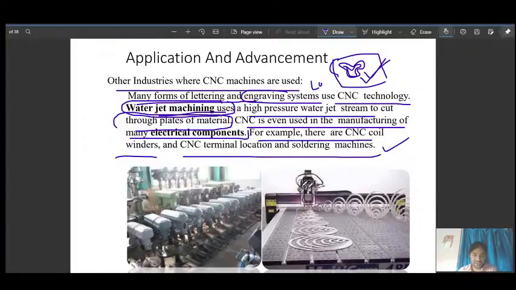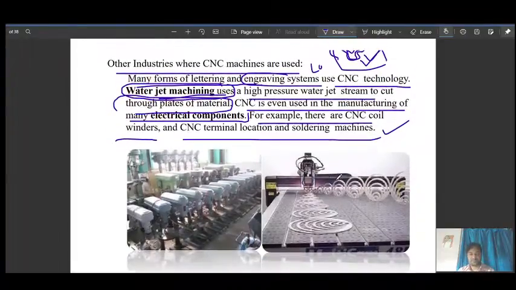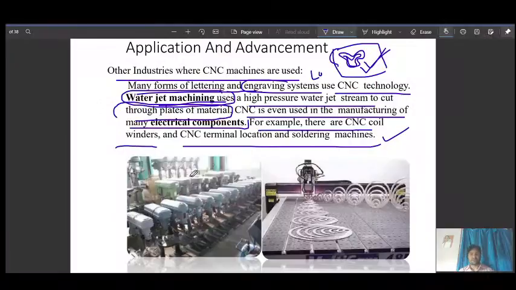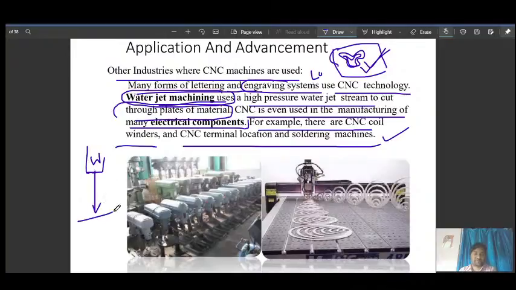Now, when water jet machining is there, as you know, water is targeted at very high pressure. From a nozzle, the water jet comes out, and don't take it lightly.